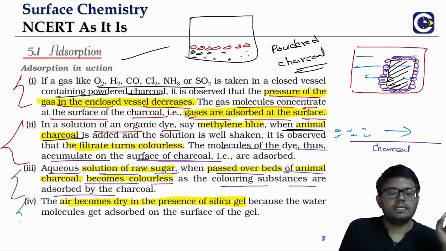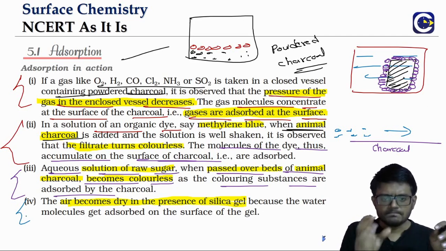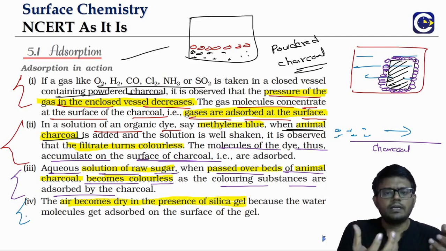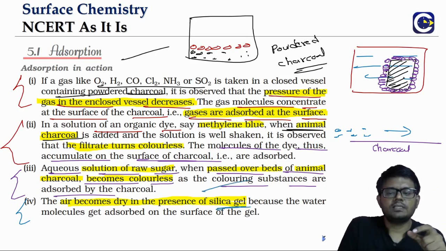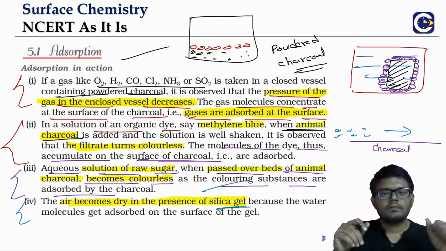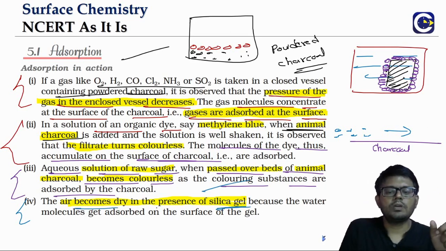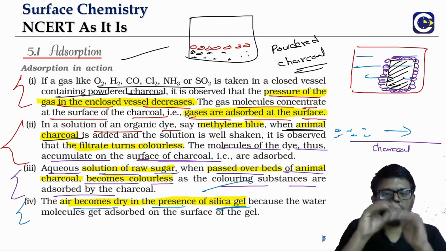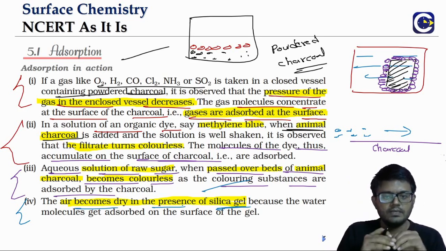Even in certain electronic devices, I'm sure you will see that they keep silica gel packets in them. Why? Because the silica gel will be able to remove any moisture in the closed environment, like inside the vessel or the container.